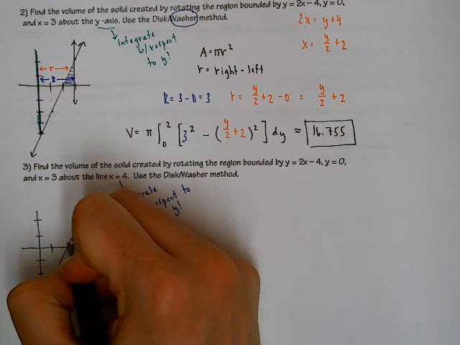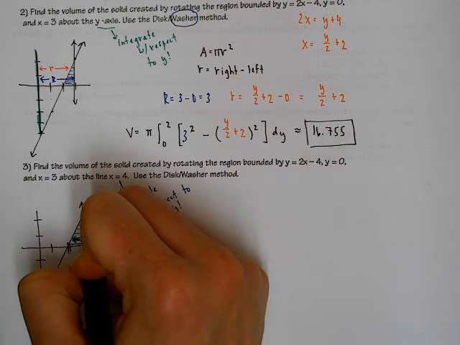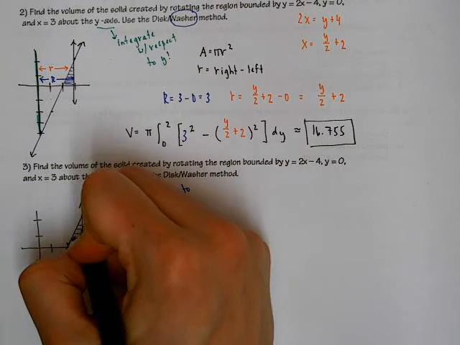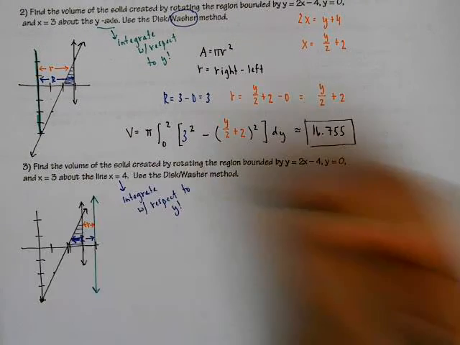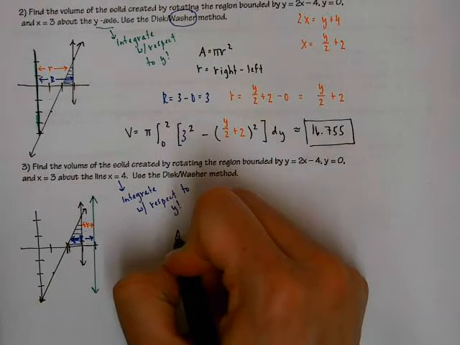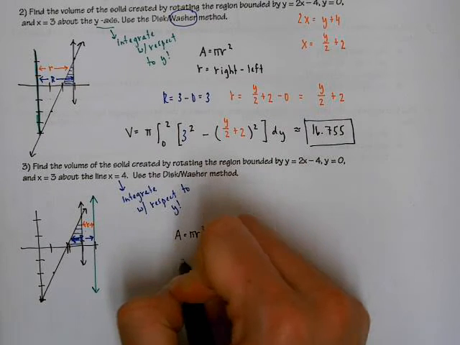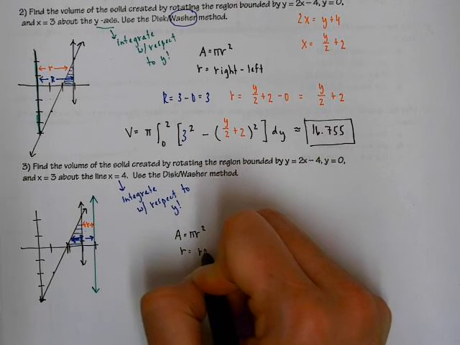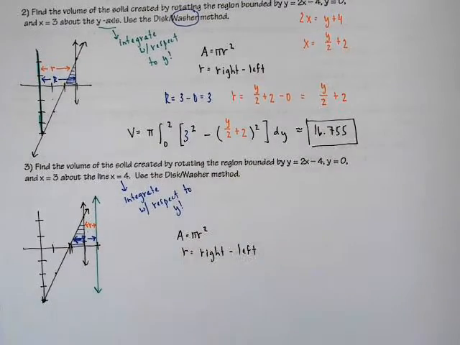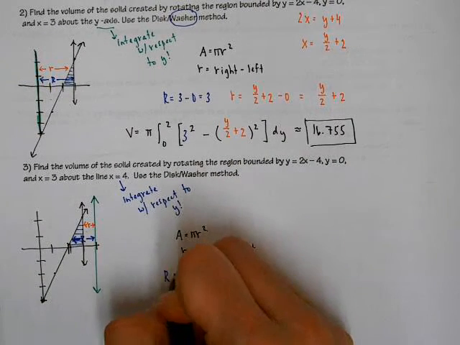That tells me I'm going to need two radii. There's my first one, and then again my little one just accounts for that blank space. So I've got A equals pi r squared. Now my r is right minus left. So let's identify our radii.